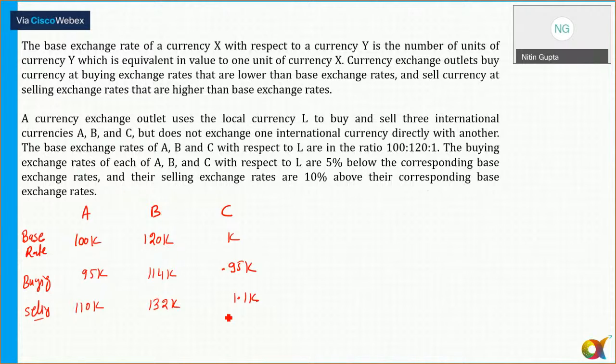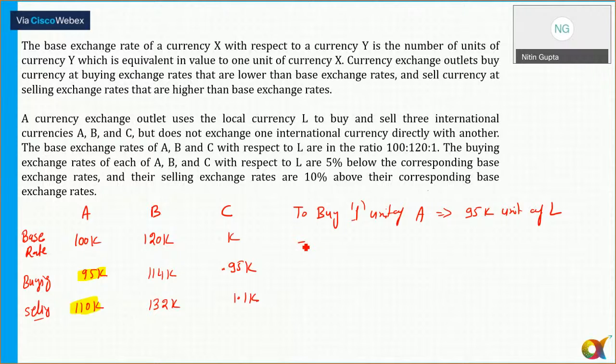Okay. Now, also I'll write down one more thing here. Like for example, I have taken a case of A. Buying, sell. So what does it mean? I can say to buy 1 unit of A, we need 95K units of L. Okay.